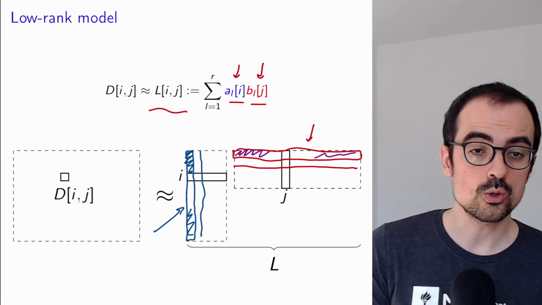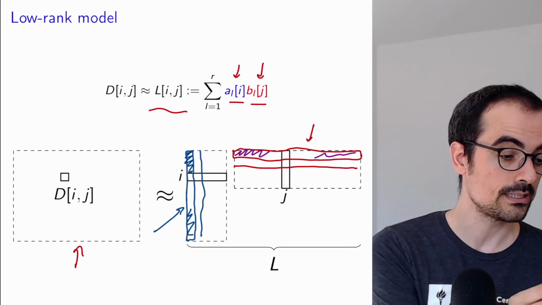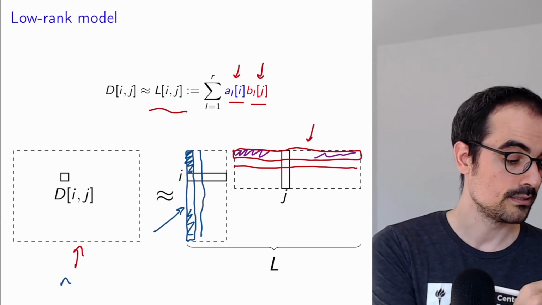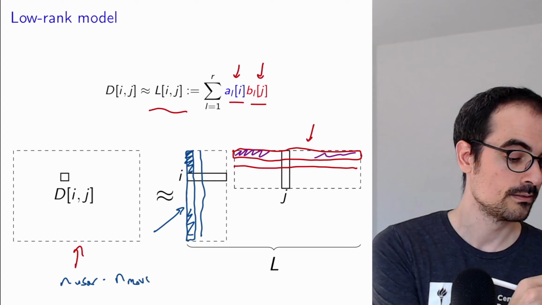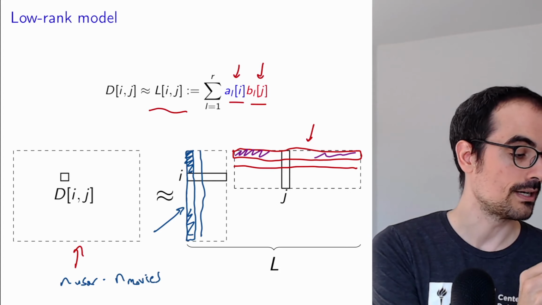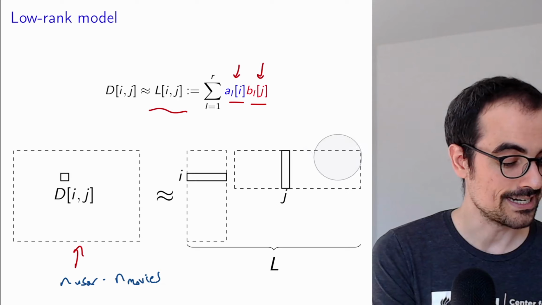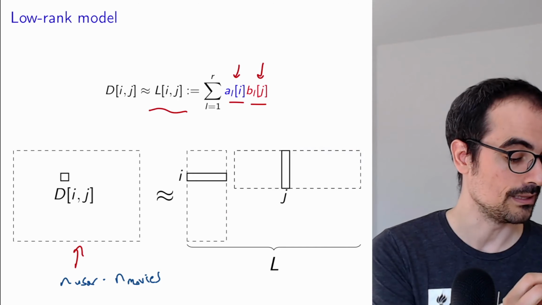The important thing to notice is that this matrix has a number of entries that is equal to the number of users times the number of movies. I apologize for my handwriting. Whereas here on the right, and I'm going to erase so that it's clearer, the number of parameters is actually quite a bit lower.